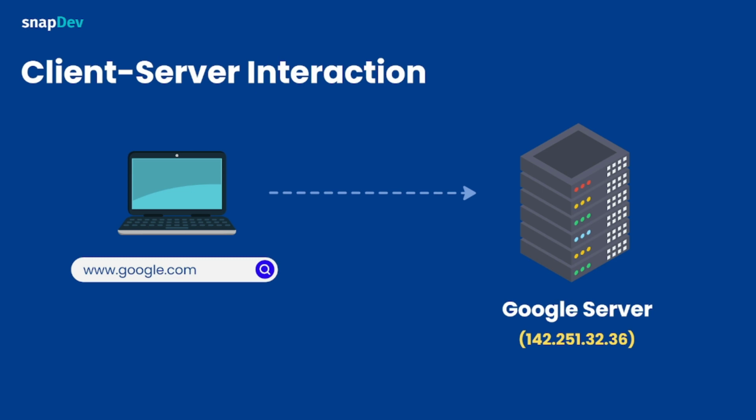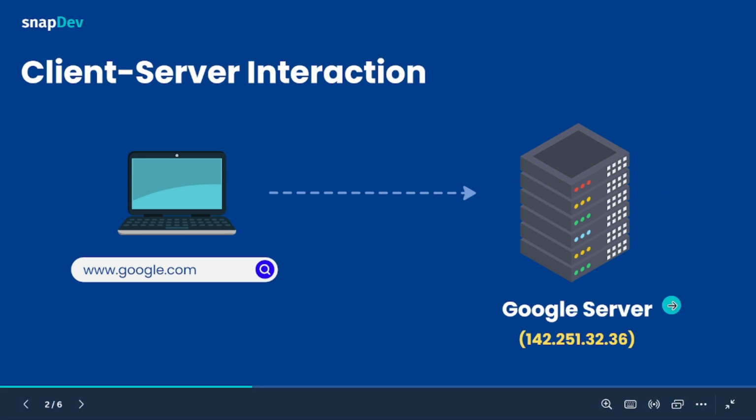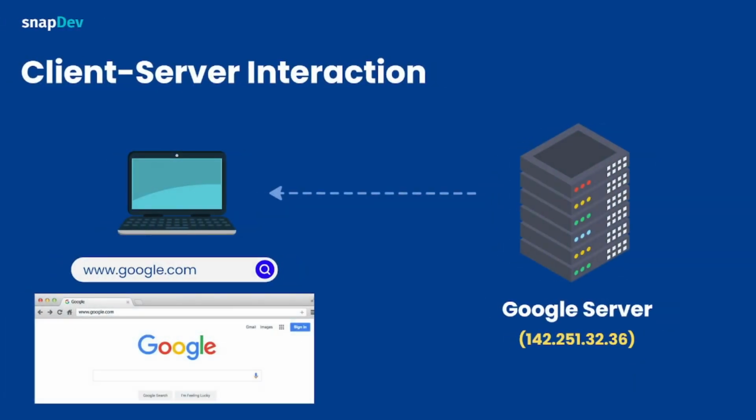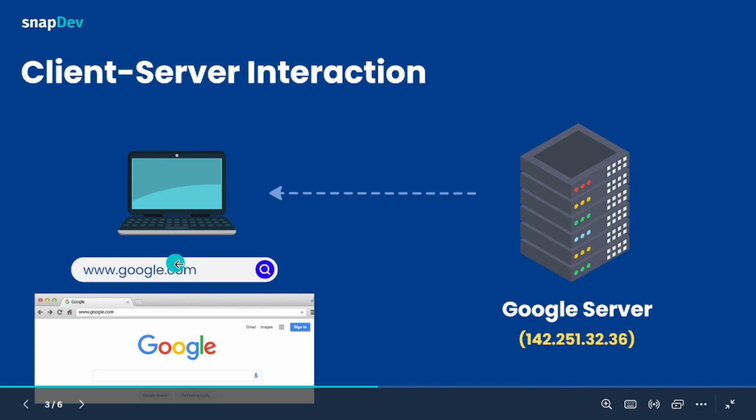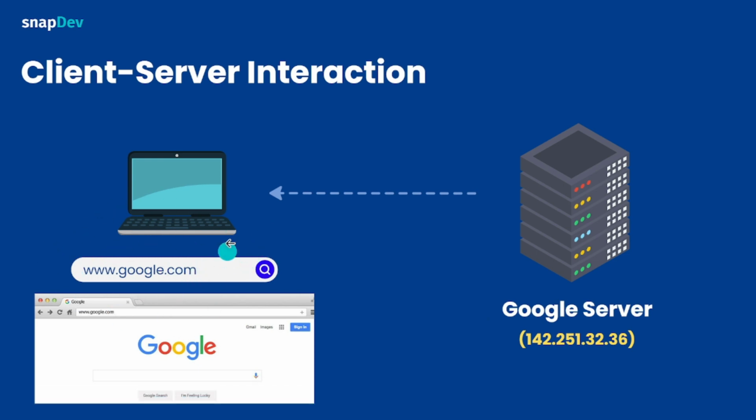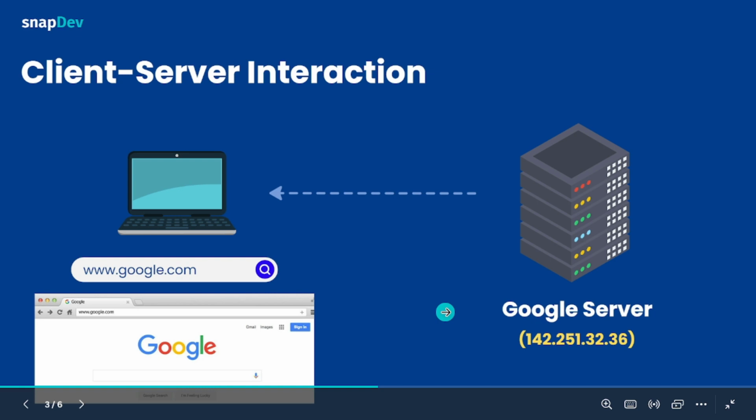Now, in our previous lesson, we studied that once we get the IP address of our server, we will get all the code files and resources from the server in order to render the website on your client machine, which is your browser. In this case, we were accessing www.google.com and then we connected to the Google server, and through DNS, which is domain name system, we got the IP address of our Google server.